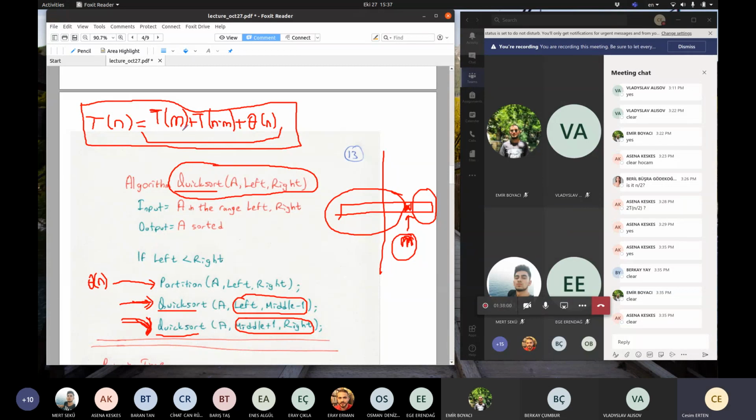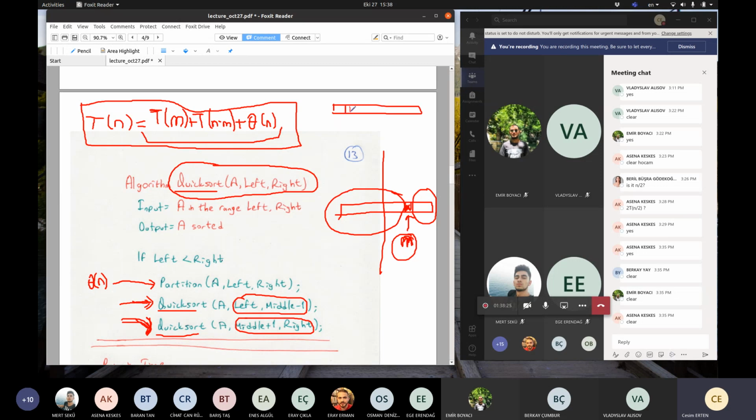So, in other words, what value of m would make T(n) as small as possible? Let's say that I have done the partition, and after the partition I have a very imbalanced partitioning.